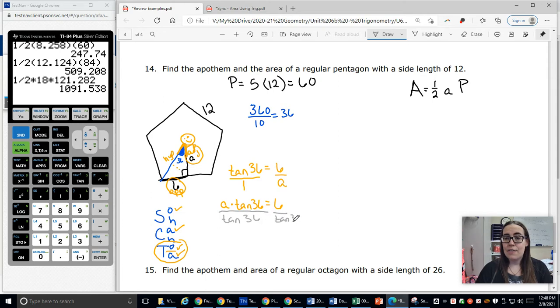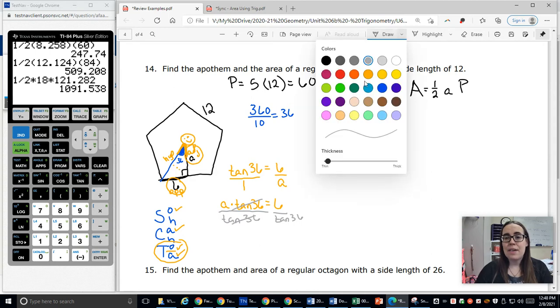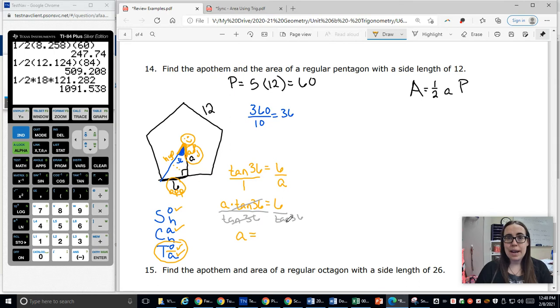And when I do that, I'm ready to go to my calculator because on the left-hand side, all I have left is just the A. And on the right-hand side, I need to do this division. 6 divided by the tangent of 36. Put that seatbelt on, close that parentheses, and I end up with 8.258 when I round correctly.